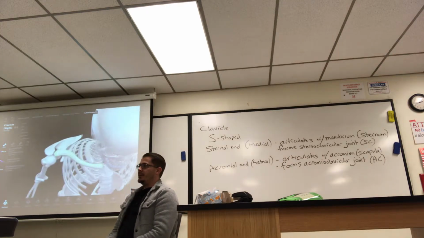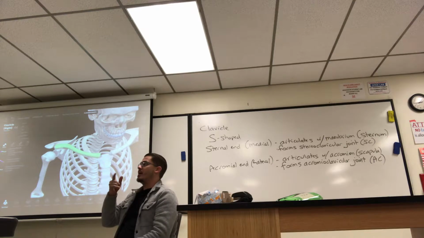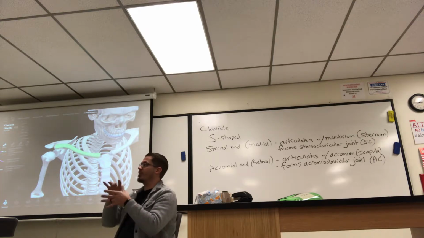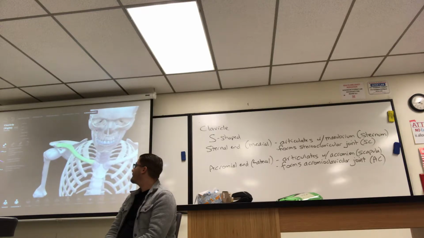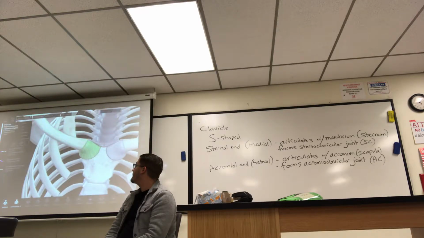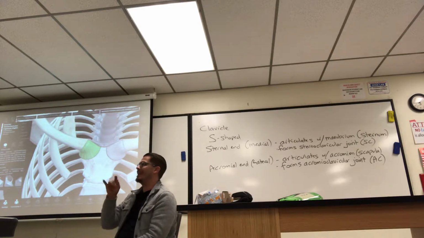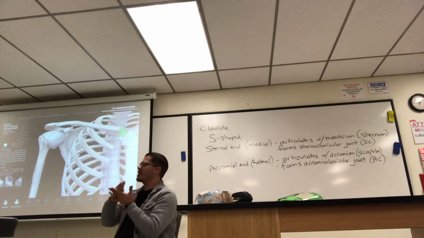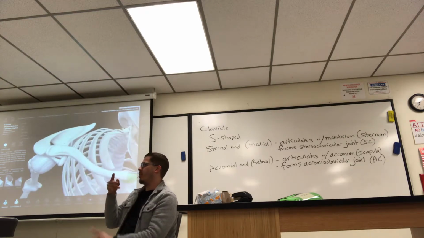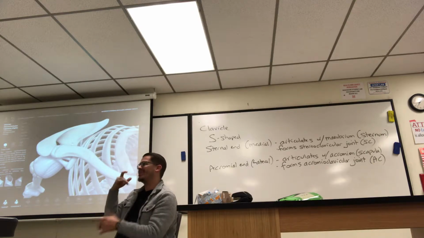There's a lot of ligaments holding these joints together. For example, they just call it the sternoclavicular ligament, right? Holding that joint together. Now, some that I want you to know are on this side here, because they're prone to rupture and sprain.